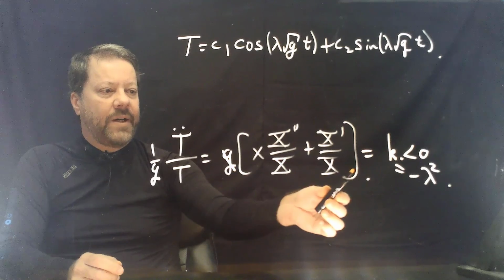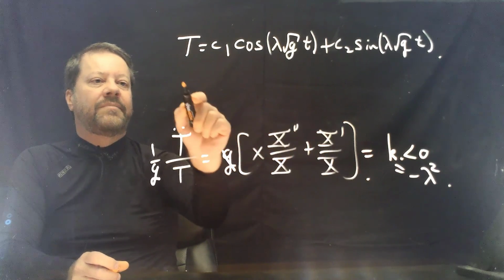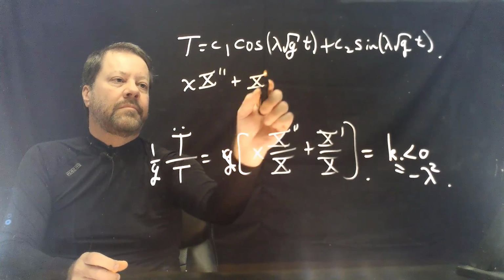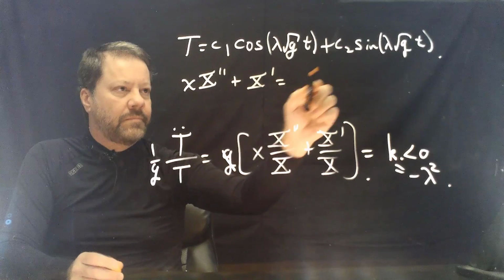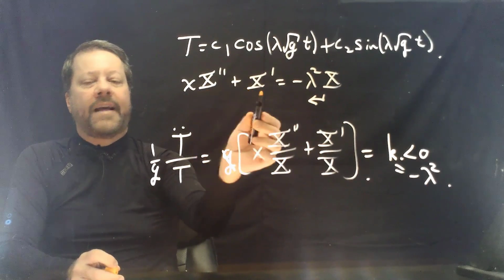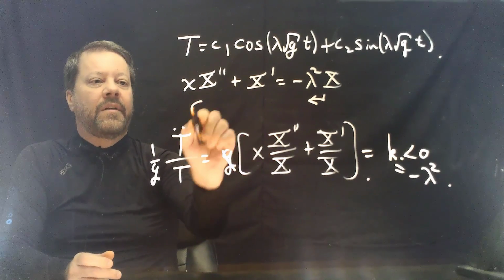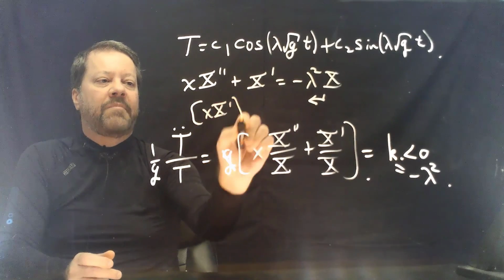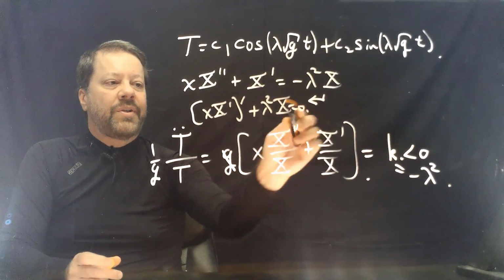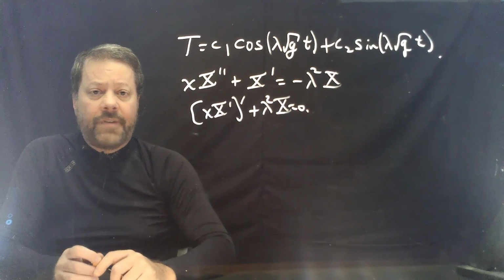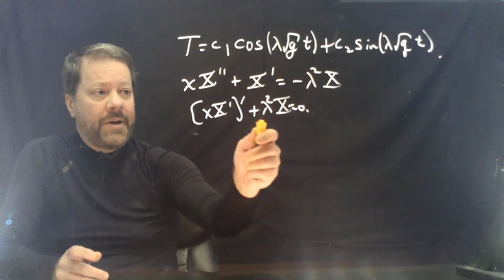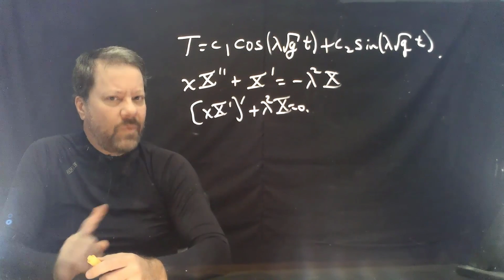The second equation we multiply through by big X. We'll move this term over and note that this is a product rule. It's x X'' plus X' plus lambda squared X equals 0, and this next equation looks very reminiscent of Bessel's equation of order 0, of parametric form, but it isn't quite.